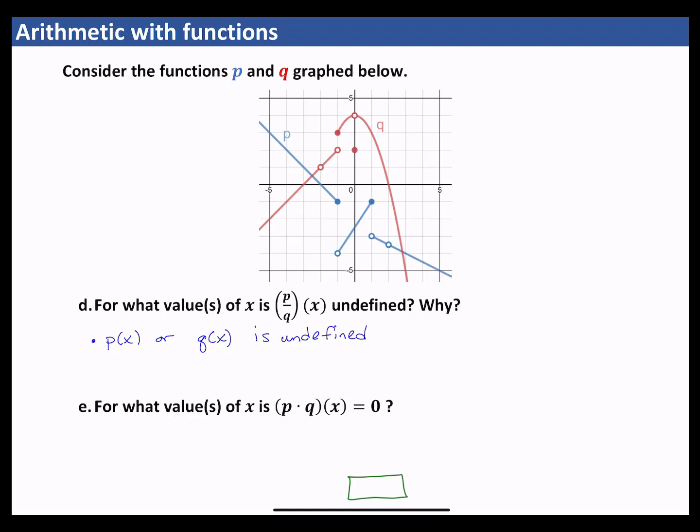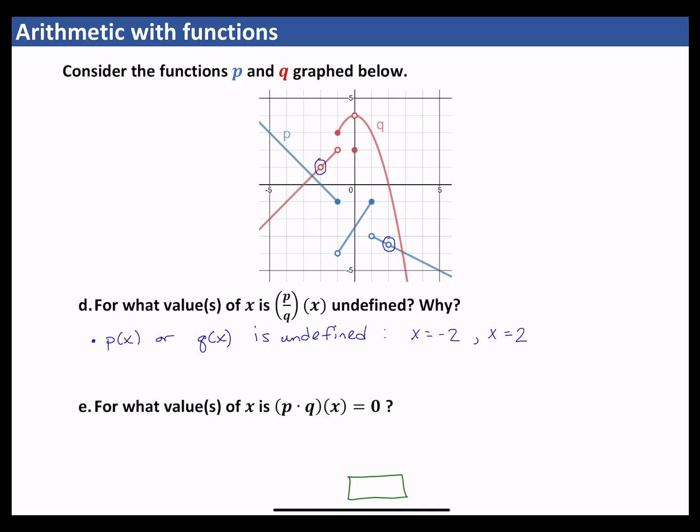And so we notice that right here, q of x is undefined when x equals -2. And we also notice that p of x is undefined when x equals 2. Everywhere else, p and q are defined.